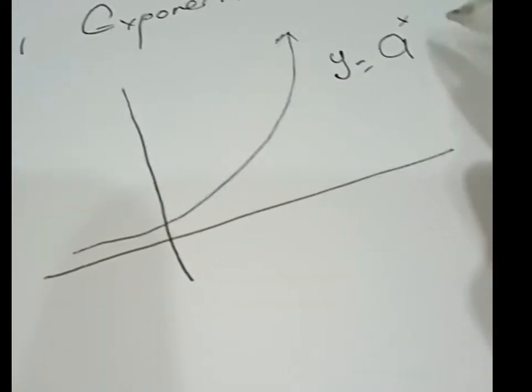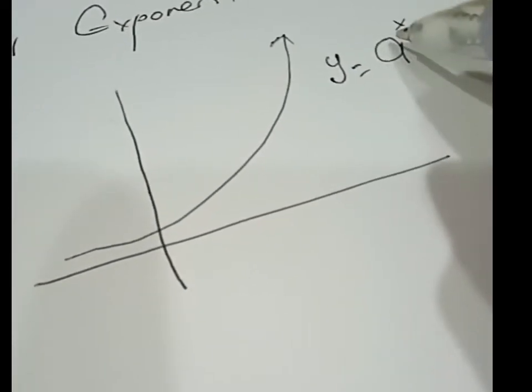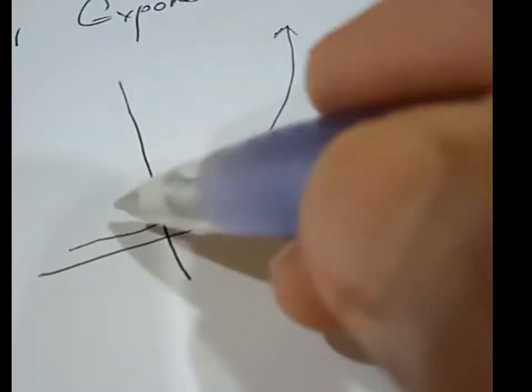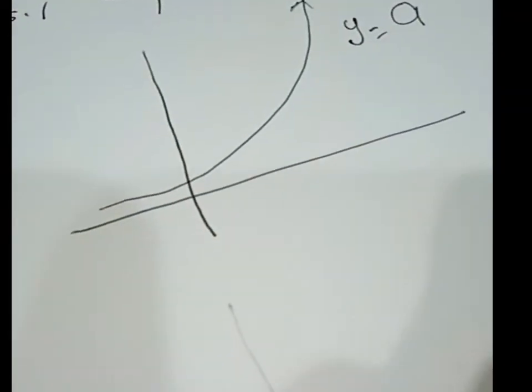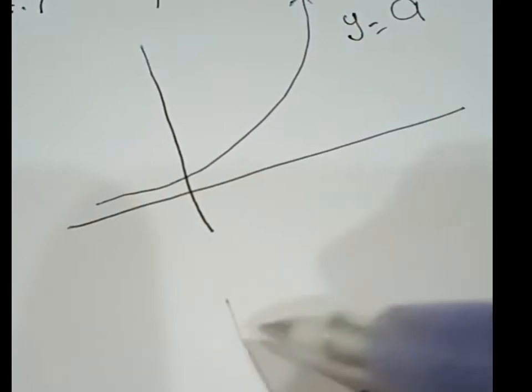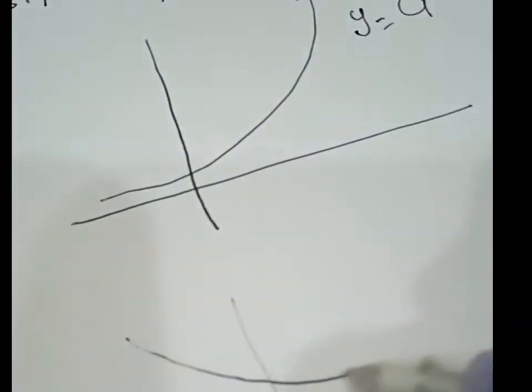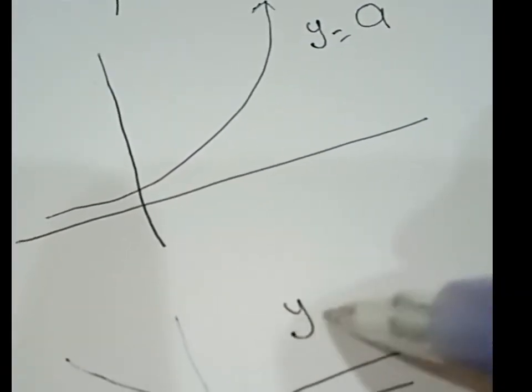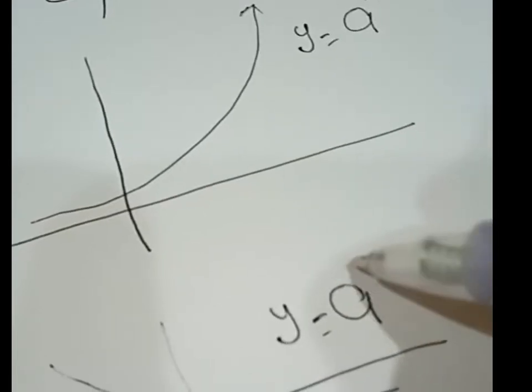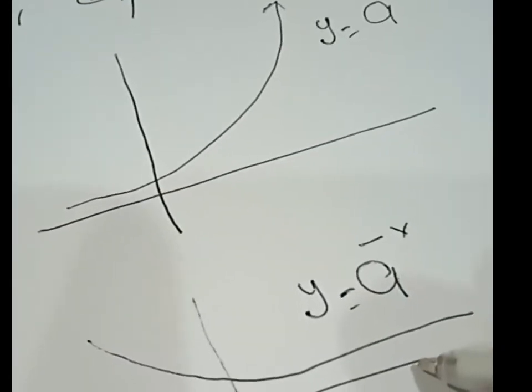When a is to the power of positive x, we have the increasing function. For y equal to a power to negative x, we have a decreasing function like this.